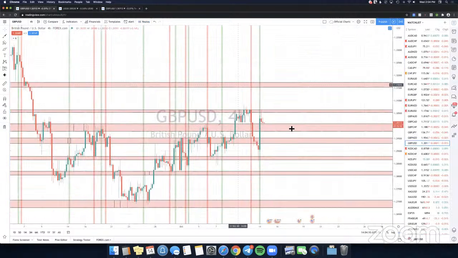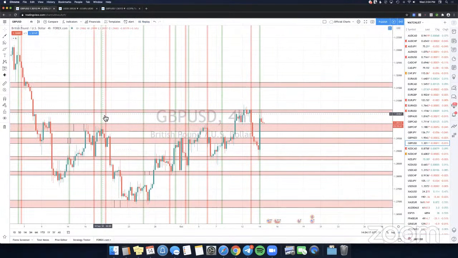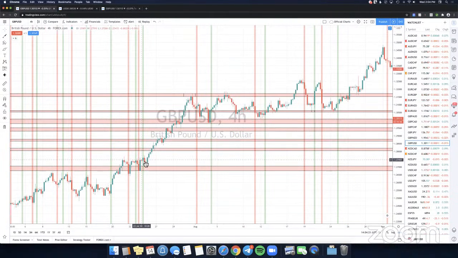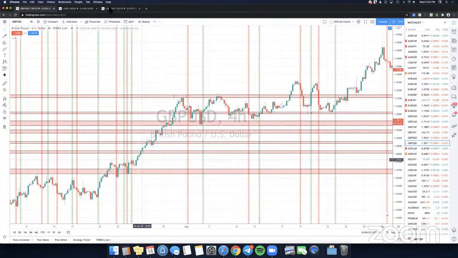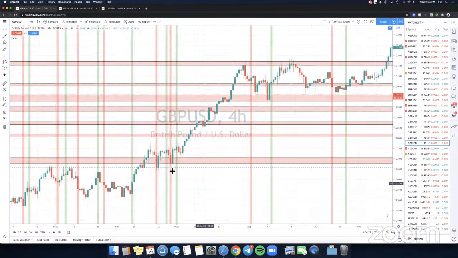So say if we're looking at the zone strategy, what date was this? July 23rd, 2014. You can see right here that this entry actually lines up with this entry right here.